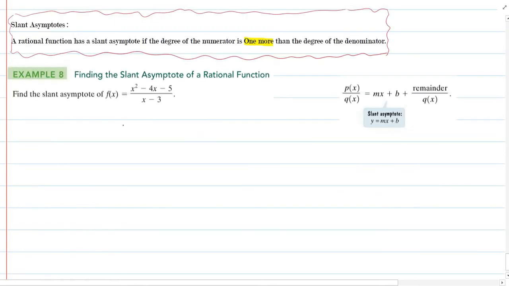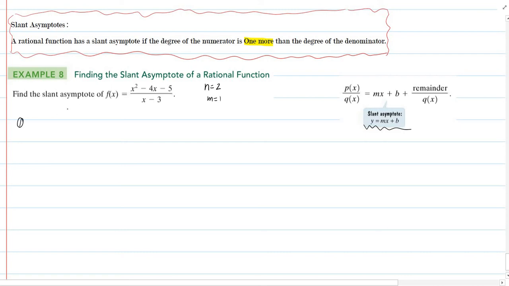So let's look at example 8, finding the slant asymptote. For this type of question, if you look here, the degree of the numerator is 2, the degree of the denominator is 1. So basically that satisfies the slant asymptote definition given to us. Step 1 is a very simple process, okay guys?